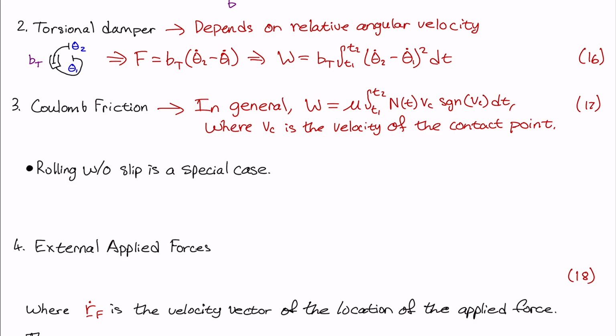Okay, rolling without slip is a special case. In this case, the contact velocity is 0, meaning that the contact point is not moving, so there's no work produced by friction. So in this case, the contact velocity is 0, so friction produces no work.